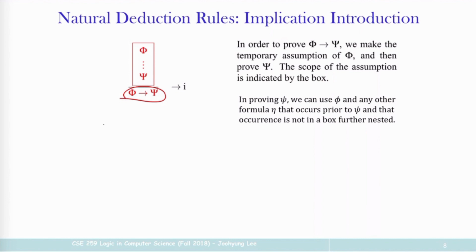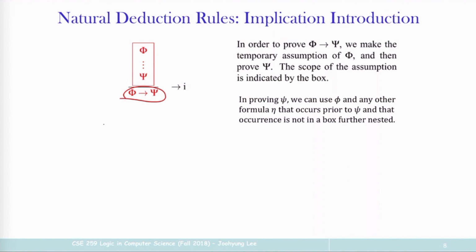Now, first, the phi is an assumption. So temporarily assume that phi is true. We don't know whether this is true or false, but let's just assume for the time being. Now, if you can somehow derive psi at the end, then you can close the box and derive a new formula, phi implies psi.